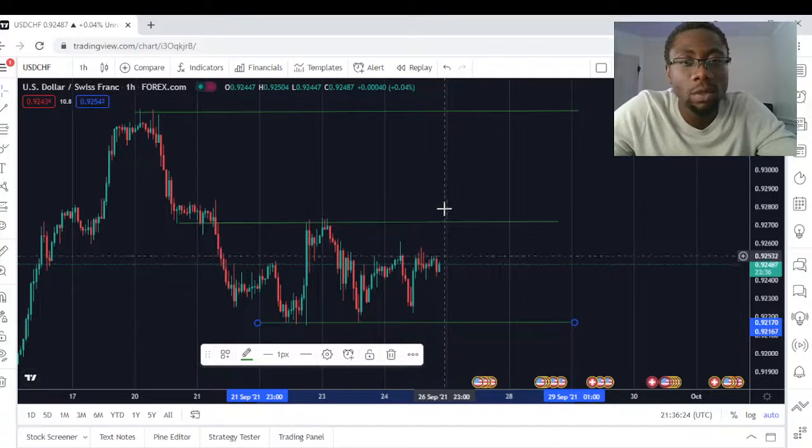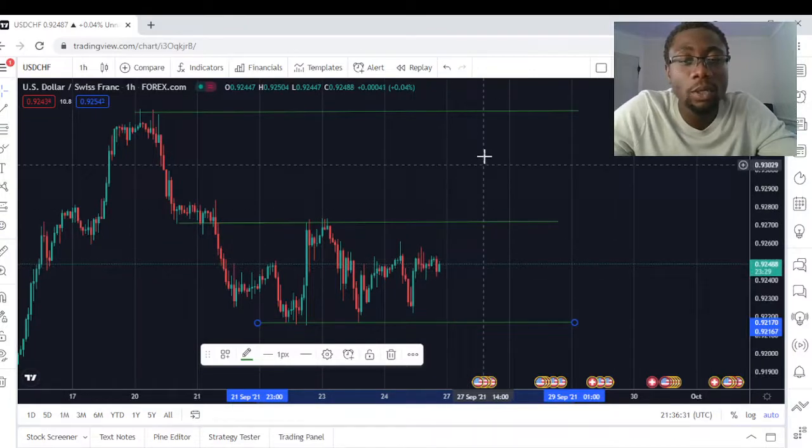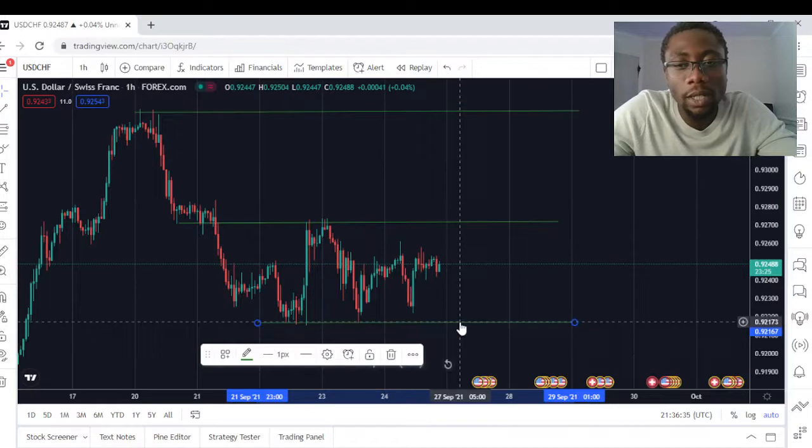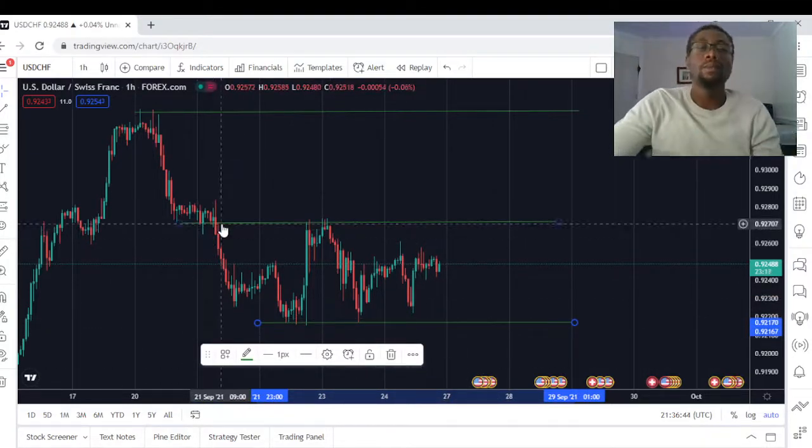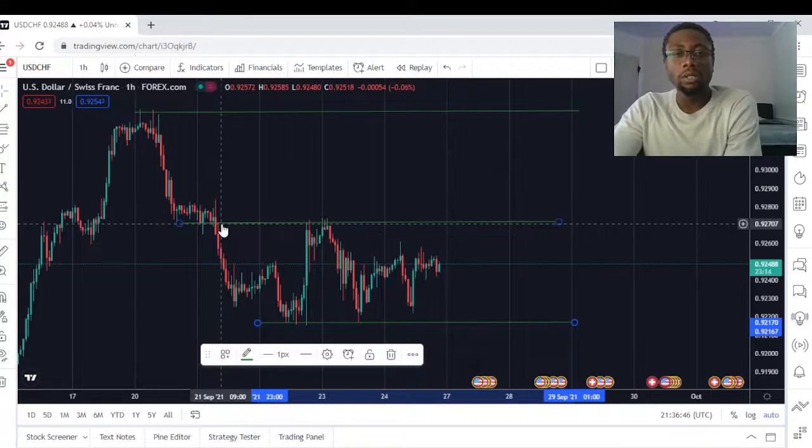As we see a price break out either to the upside above this 92.7 area, we will find an opportunity to trade higher, or if we get a break below the 92.17, we should be able to find opportunities to trade and continue the market below. And that pretty much does it for the USDCHF.